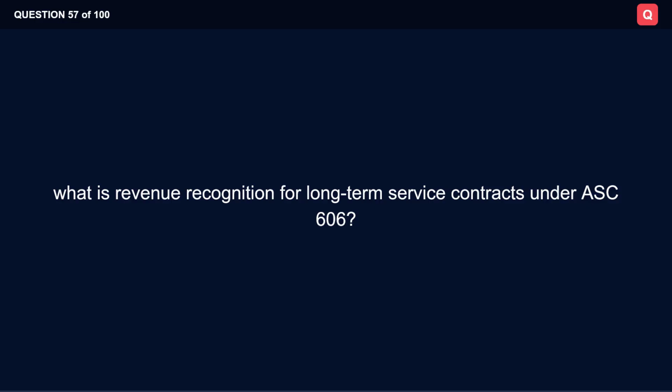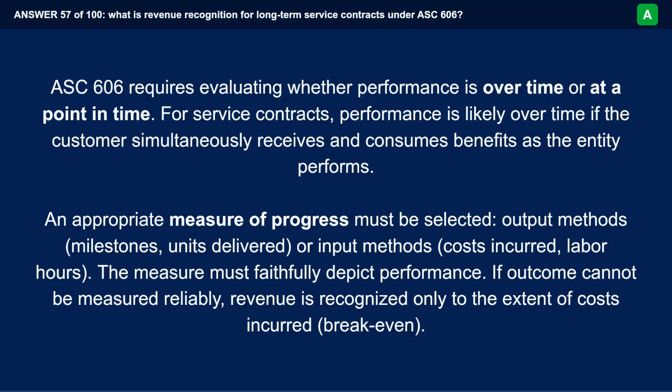What is revenue recognition for long-term service contracts under ASC 606? ASC 606 requires evaluating whether performance is over time or at a point in time. For service contracts, performance is likely over time if the customer simultaneously receives and consumes benefits as the entity performs.